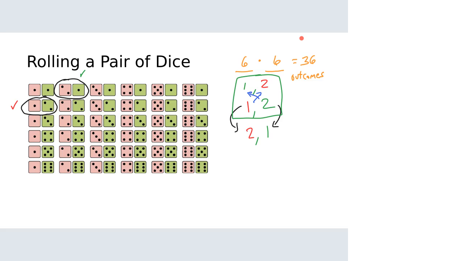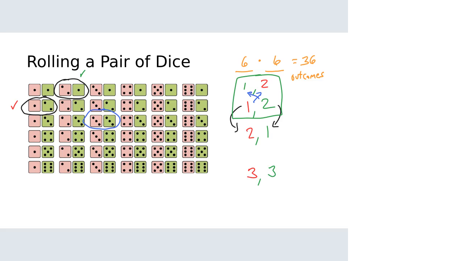Usually the next question then is, okay, well, what about this right here? You've got a 3 with a 3. How come that's not on there twice? It's an excellent question. If you look at that, what we have is a 3 on the red die and a 3 on the green die.